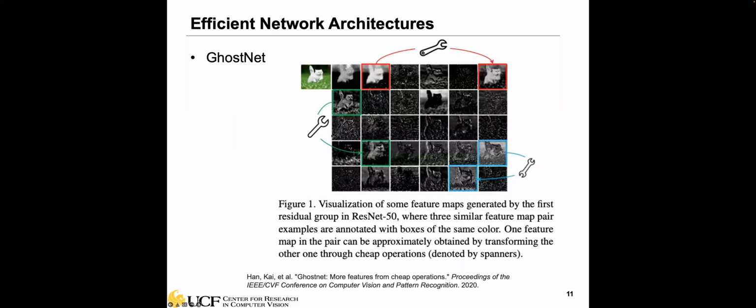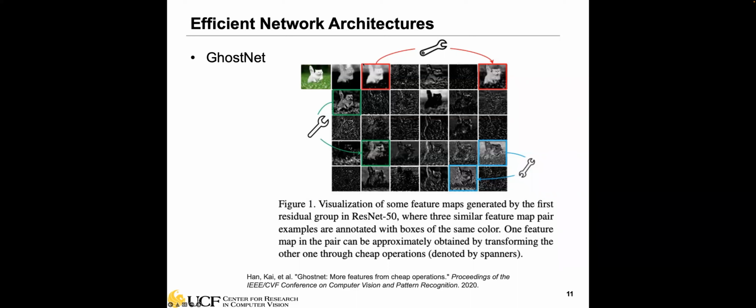And the third network architecture is called GhostNet. Their motivation comes from observing the feature maps. They visualize some of the feature maps from the first residual group in ResNet 50, and they observe that some of the feature maps are actually very similar to others.